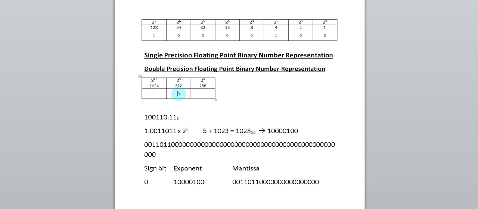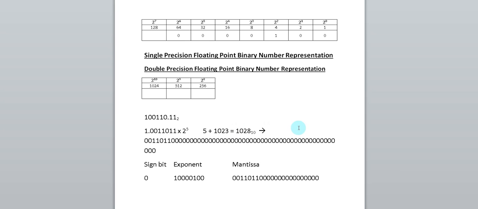So the same way we converted the decimal earlier, we are just going to find values that, when we add them up, will equal 1028, since that is what we are trying to convert. So this will now change.